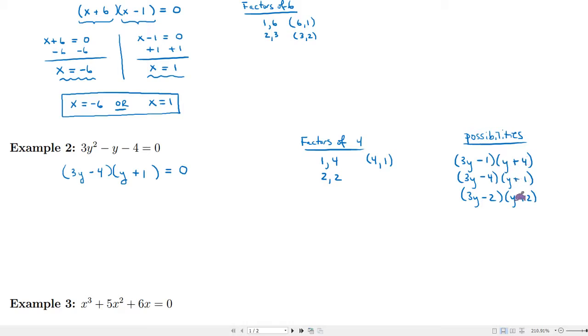In all these cases, we're getting minus 4 for the last one. We could also have 3y plus 1, y minus 4, and we could have the minuses here instead: 3y plus 4, y minus 1, 3y plus 2, y minus 2.